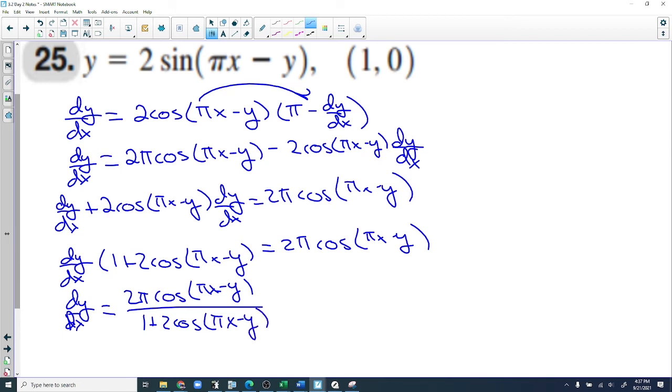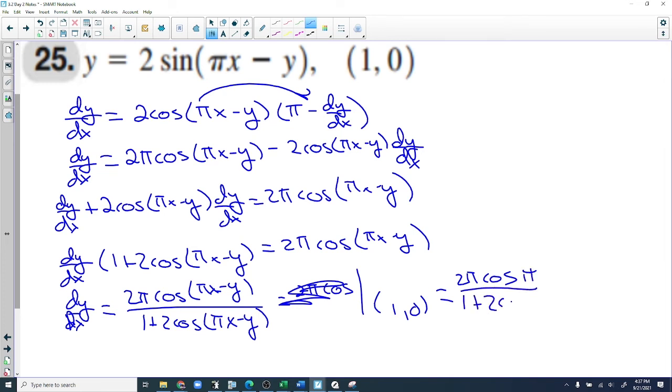Now we have the point (1, 0). So we have 2 pi cosine, well, we're evaluating this at (1, 0). So 2 pi cosine of pi, over 1 plus 2 cosine of (1 in for x is pi minus 0), so that's pi.